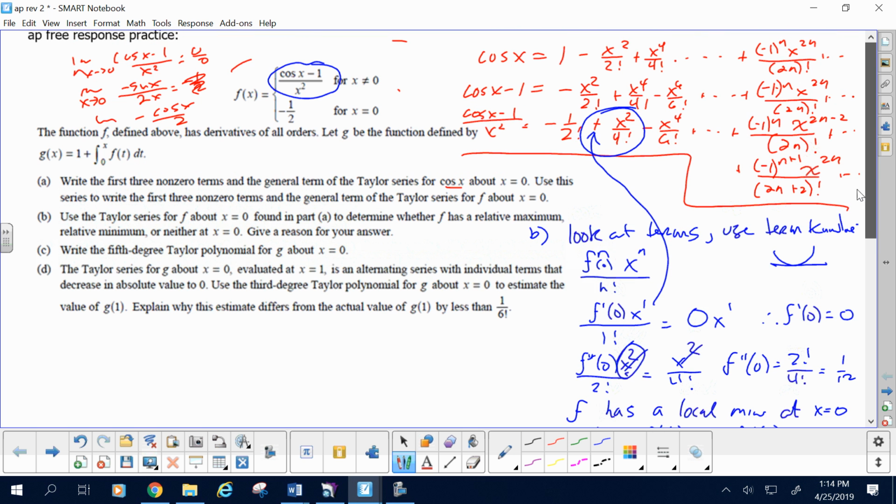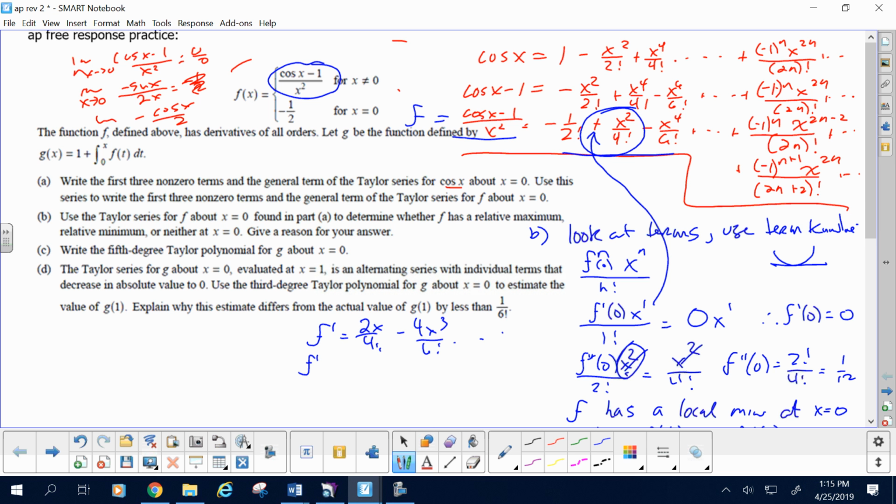Another way to do part B is to say, well, if f is equal to this series, then couldn't I take derivatives of my series? What's the series for f prime? Nothing plus 2x over 4 factorial minus 4x cubed over 6 factorial and so on.